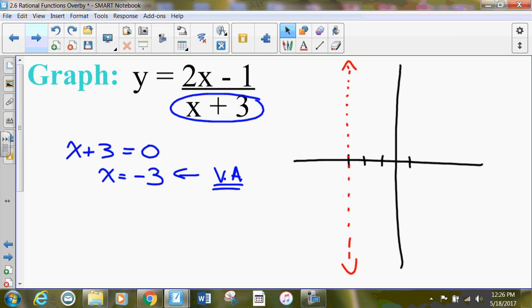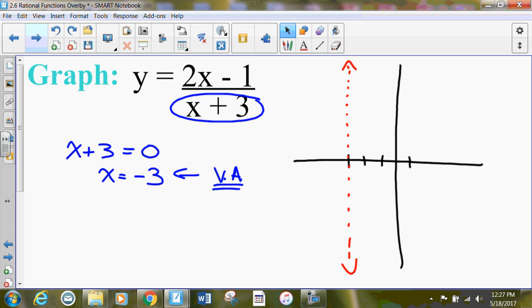Another point that we'll want to look at is our horizontal asymptote. This is not a secret because you did do this last year, but there are rules for horizontal asymptotes. If we look at this, the 2x minus 1 in the numerator and the x plus 3 in the denominator, if we start thinking about plugging in x, whether x is 1 or x is 10, we see that the denominator is only going to get so big and the numerator is going to get so big.